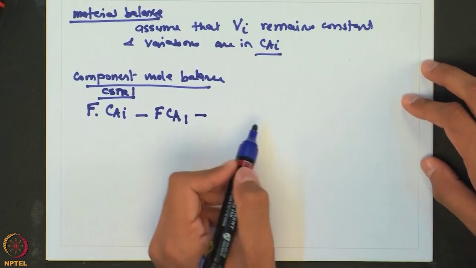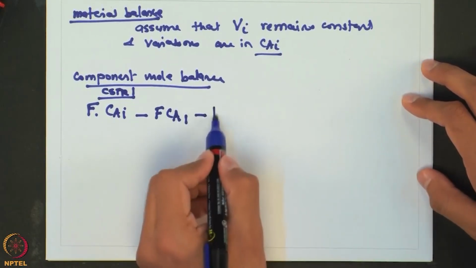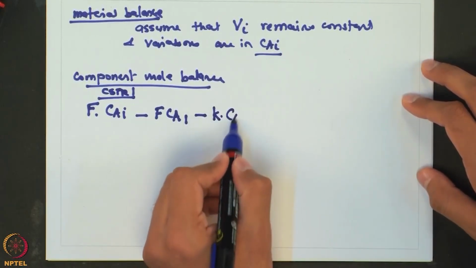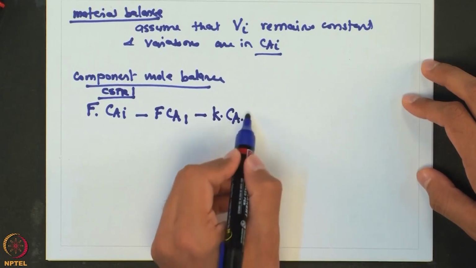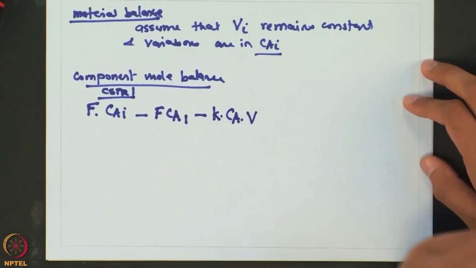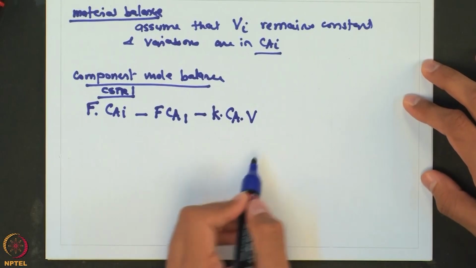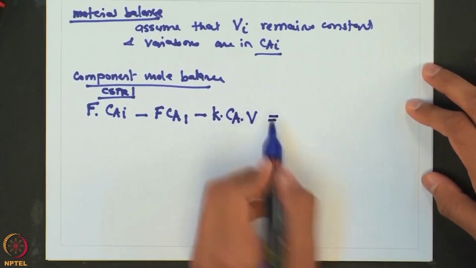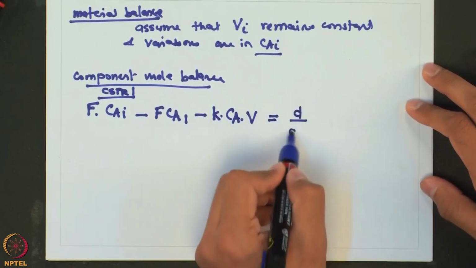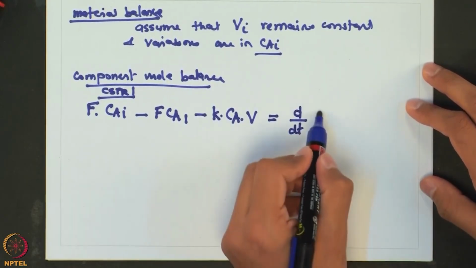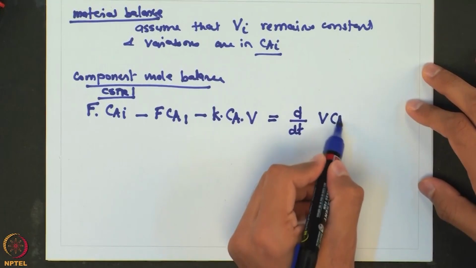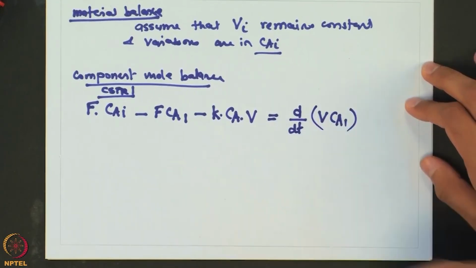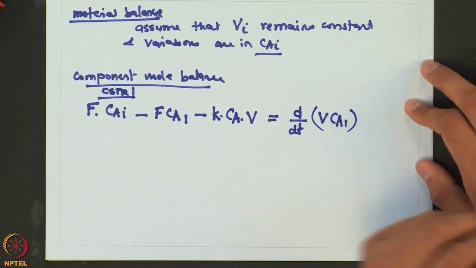The rate of consumption would be K times CA times V, and lastly there is no rate of generation. So, this has to be equal to the rate of change of content of that particular species, which is V times CA1.